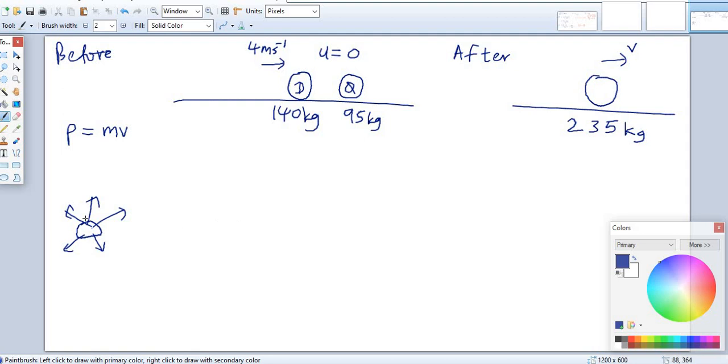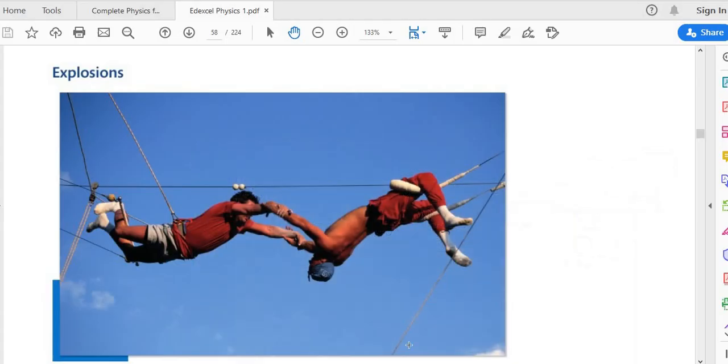Now in an explosion everything is stationary in the beginning, so the total momentum after that interaction should also be 0. If they move in the same direction, then the total momentum may not be 0. They have to move in different directions so that the total momentum is 0.